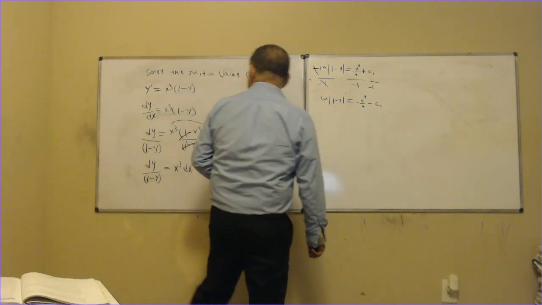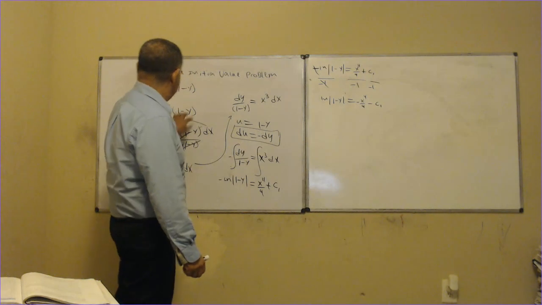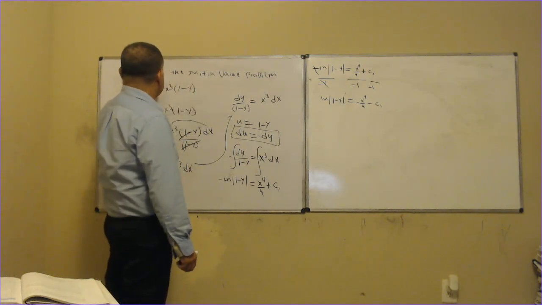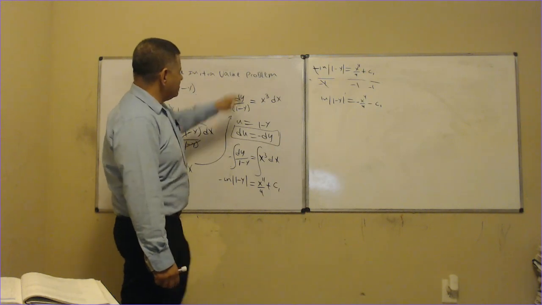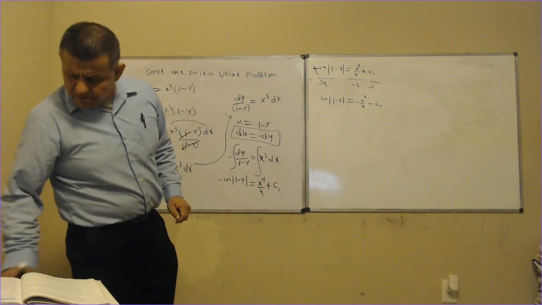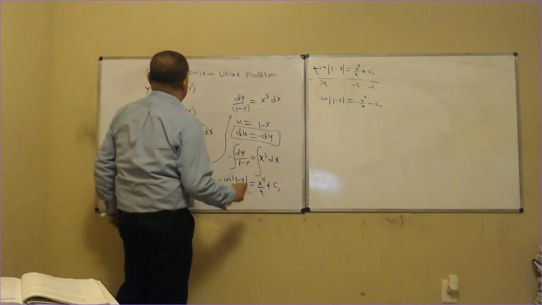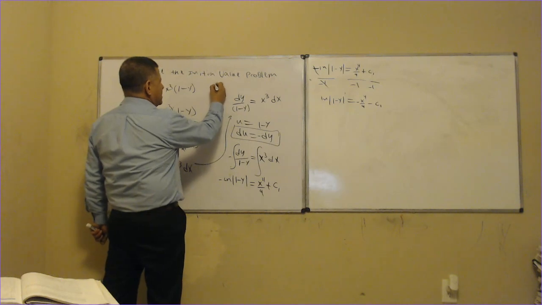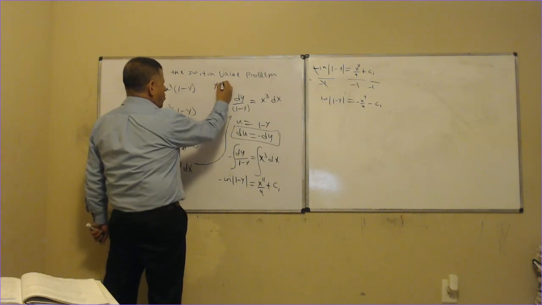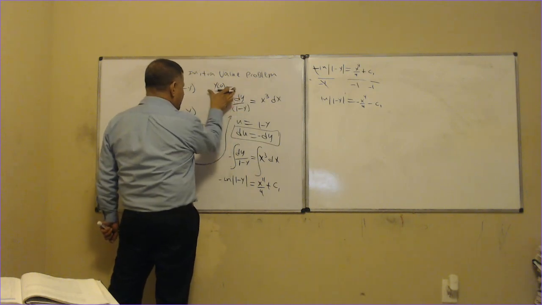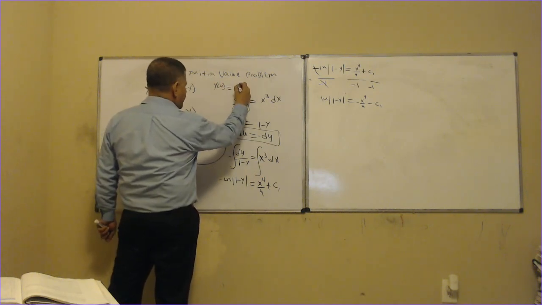Now, what we're looking at, well, right here, I noticed something. I said that this is an initial value problem, but I don't think I put the initial conditions. The initial condition is that at y evaluated at 0, the value of the function is 3.